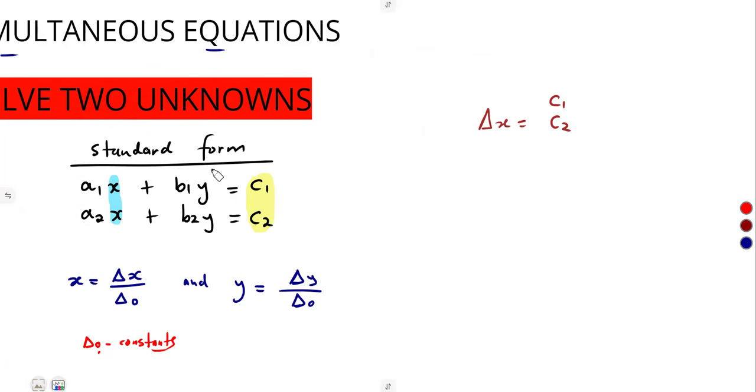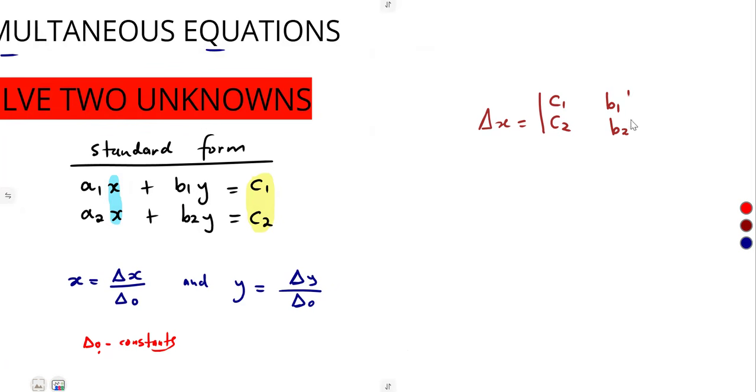The part of y is not affected because we are dealing with x. So you just keep the coefficients of y as they are. The coefficient of y here is b1, and the coefficient of y here is b2.